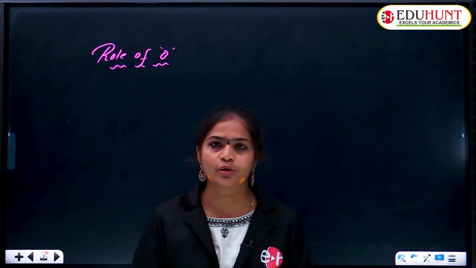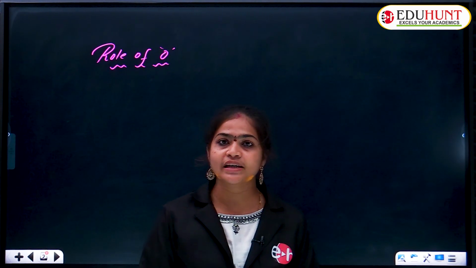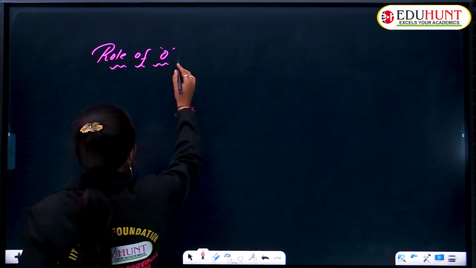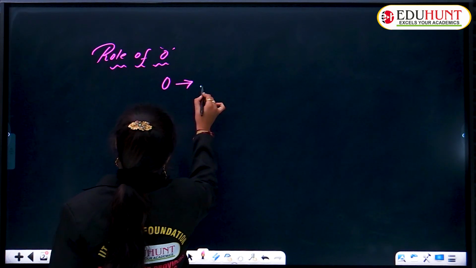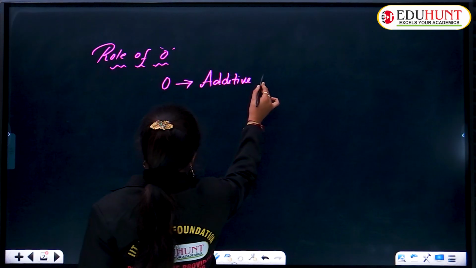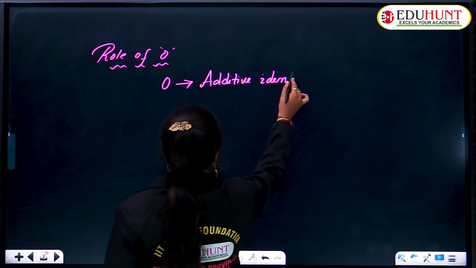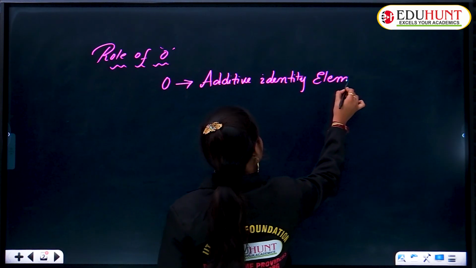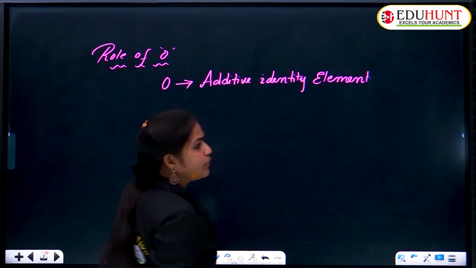What about the role of 0? Here 0 is the additive identity element. Zero is called the additive identity element.